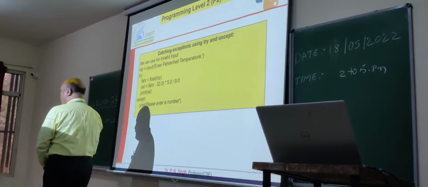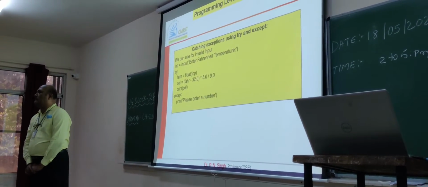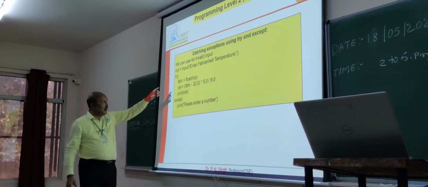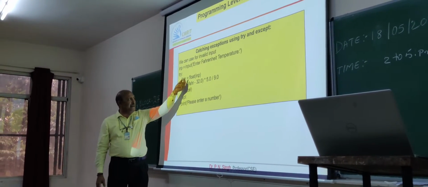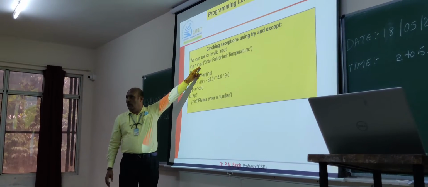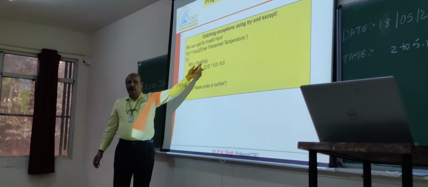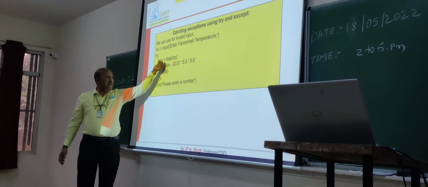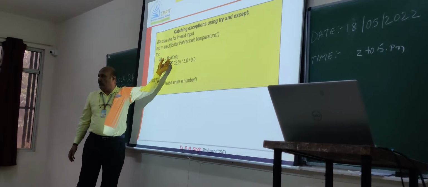So what code do you write so that invalid input can be handled at the time of execution? You write try, followed by a colon, and following the indentation you convert that value. Suppose you have entered something wrong, not a number, then it will try to convert and find an error, because it could not convert that input to a floating point value.